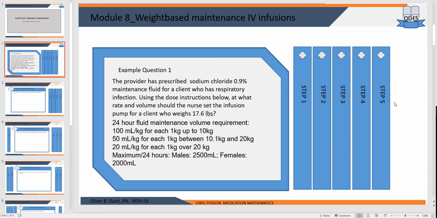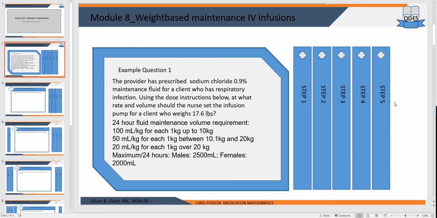It says for 24-hour fluid maintenance volume, the requirements are: for every kilogram up to 10 kilograms, we should give 100 mL per kilogram.